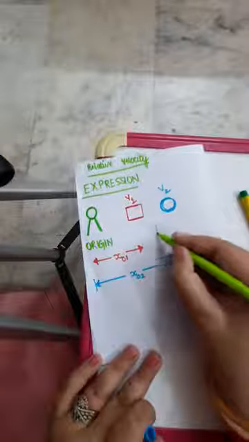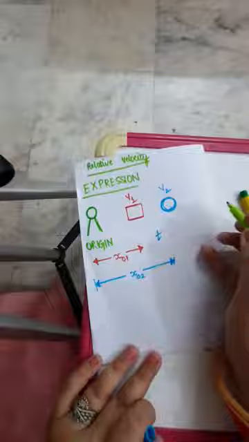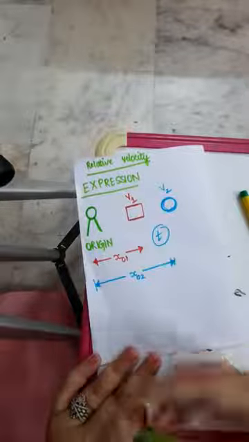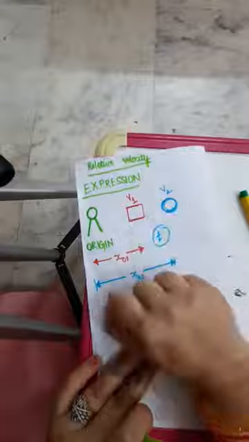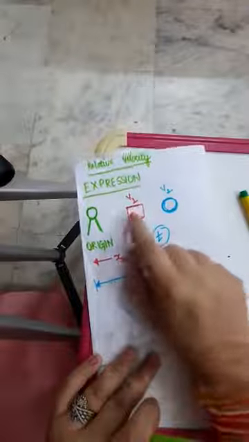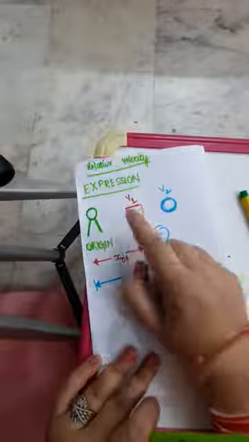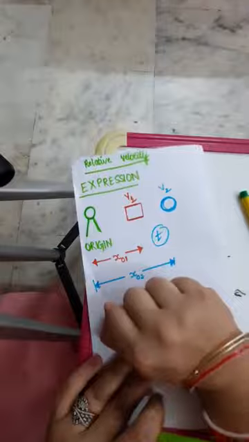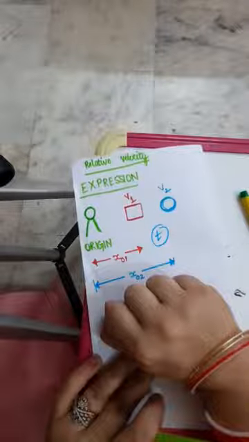Now let us suppose that some seconds have passed since their motion started. After a few seconds, this red object will be more away from the origin and this blue object will also be more away from the origin, isn't it? Of course, yes.